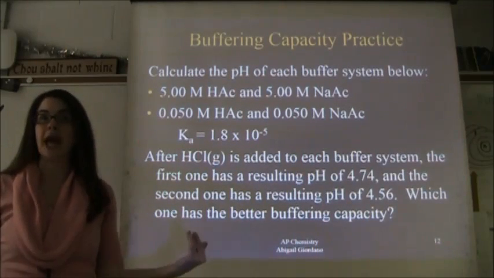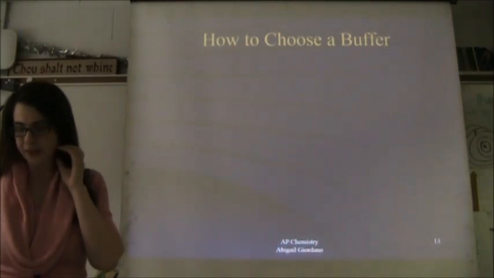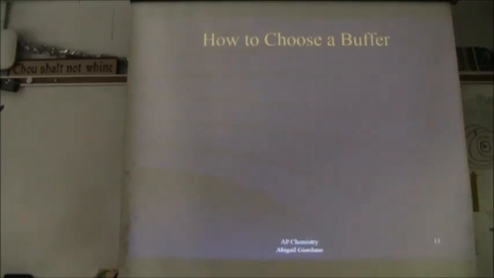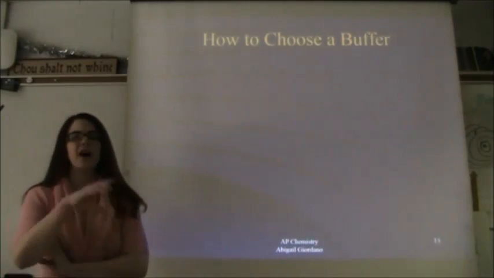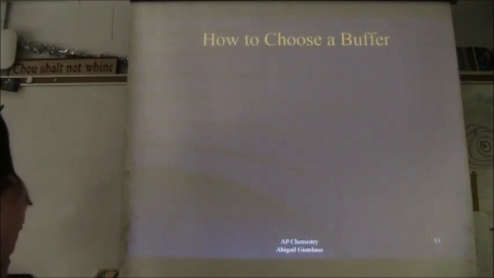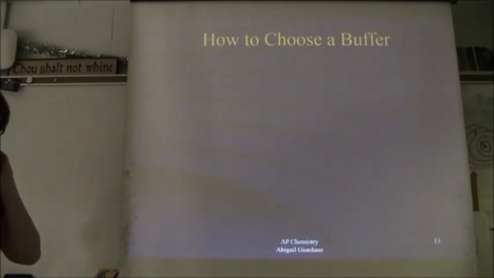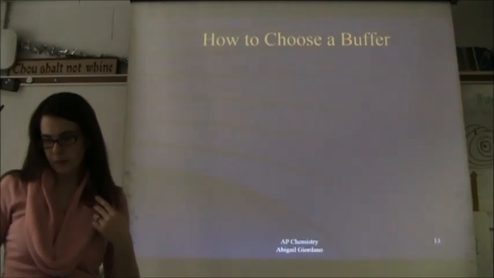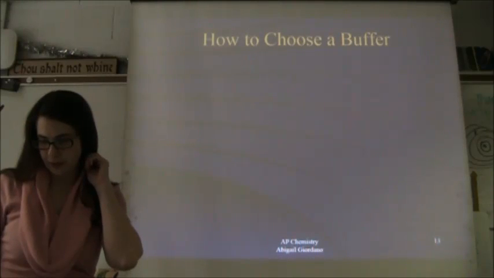What else could you be asked with buffers? Well, you might be asked, and this could be in multiple choice or free response, ladies and gentlemen, which of the following buffer systems is the best choice? Let me give you a hypothetical situation.